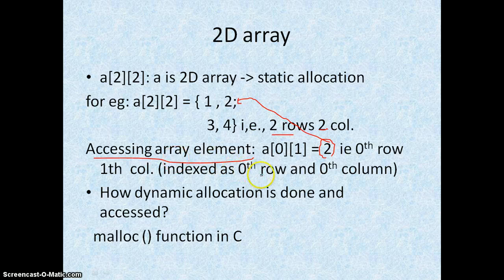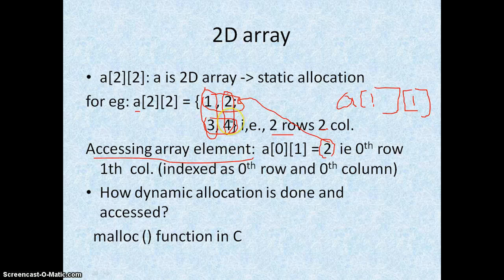The index starts at the 0th row, that is, this is the 0th row and this is the first row, and this is the 0th column and this is the first column in the array A. Another example: if I say A of 1 and 1, then the element would be 4.